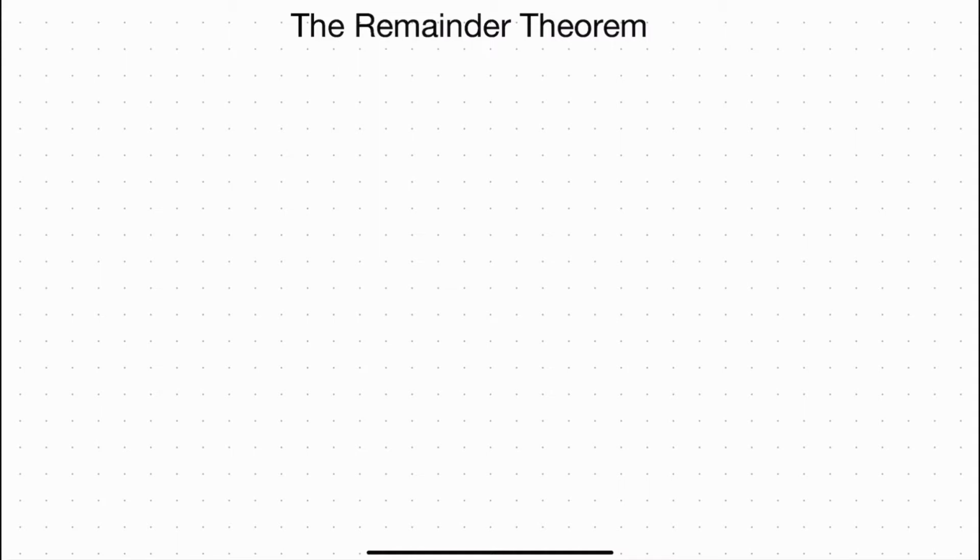Okay? So, to illustrate the remainder theorem, I'm going to look at a function, f of x, that is equal to 2x cubed minus 5x squared minus 2x plus 12.